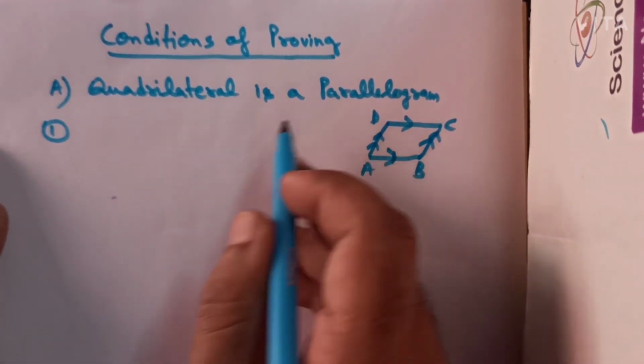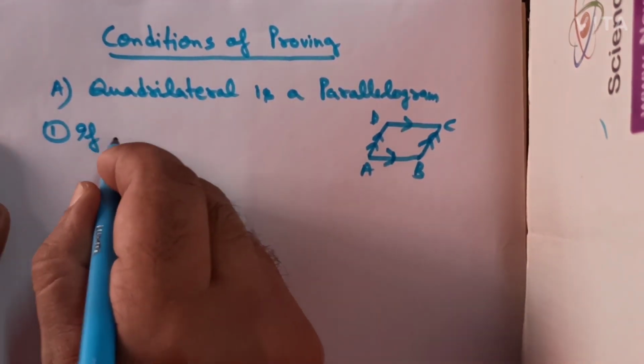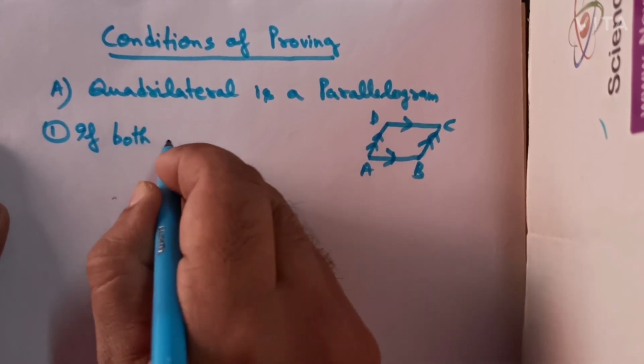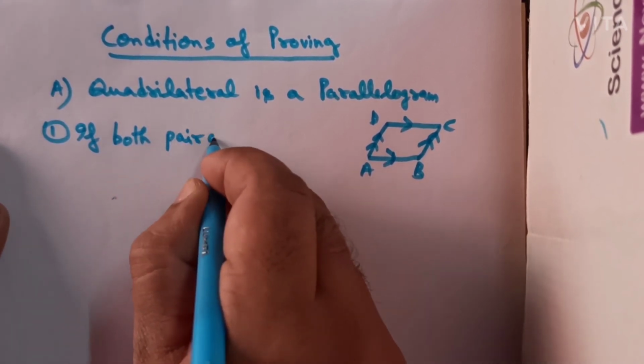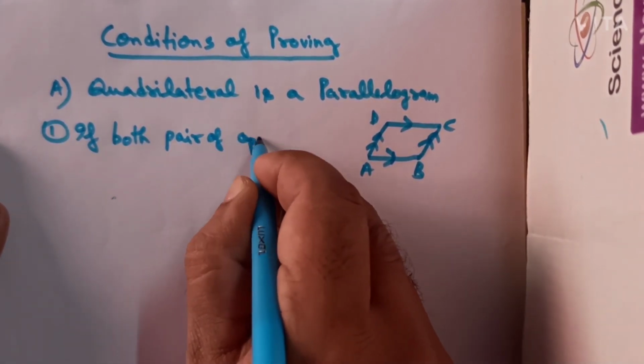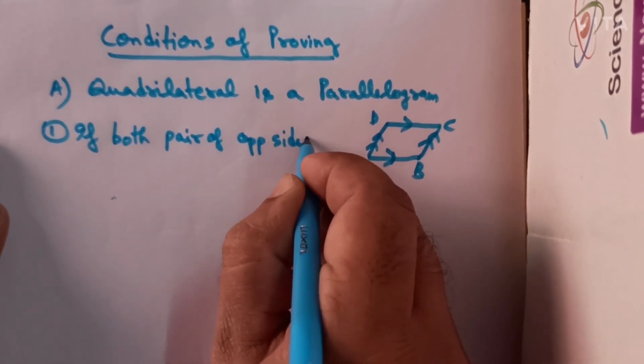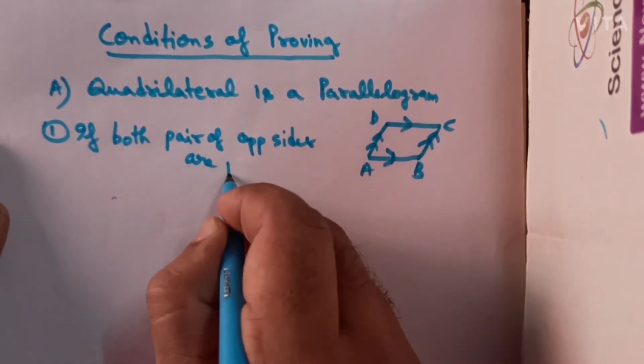So a quadrilateral is a parallelogram if both pairs of opposite sides are parallel.